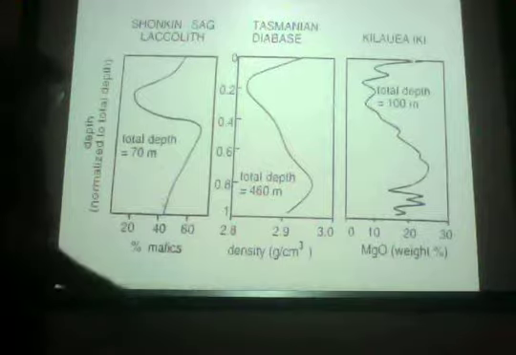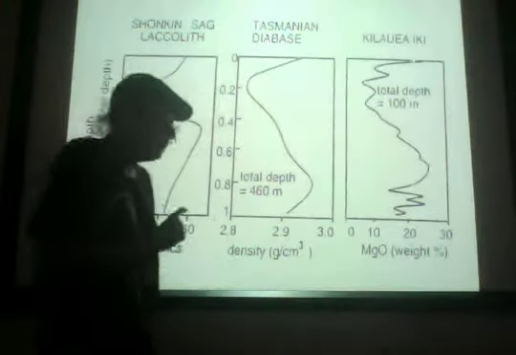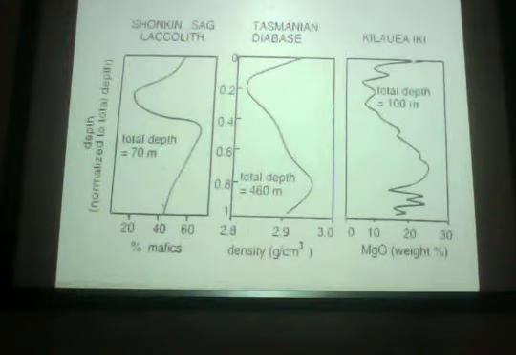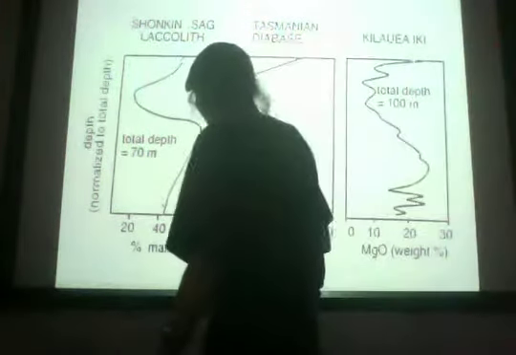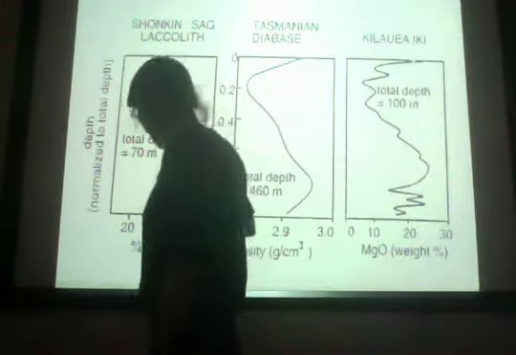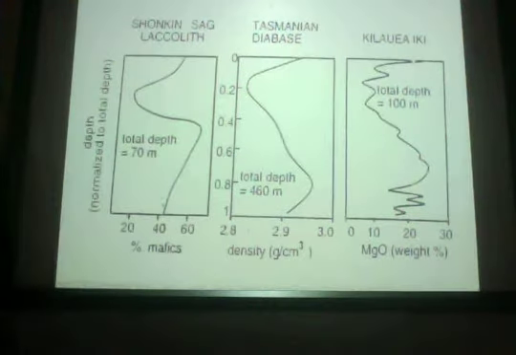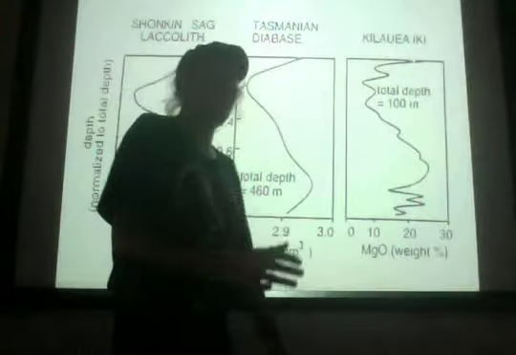So, if you are looking, for example, for a chromium ore deposit, where do you think is the best place to look in detail? That is here, where we have the most mafics.